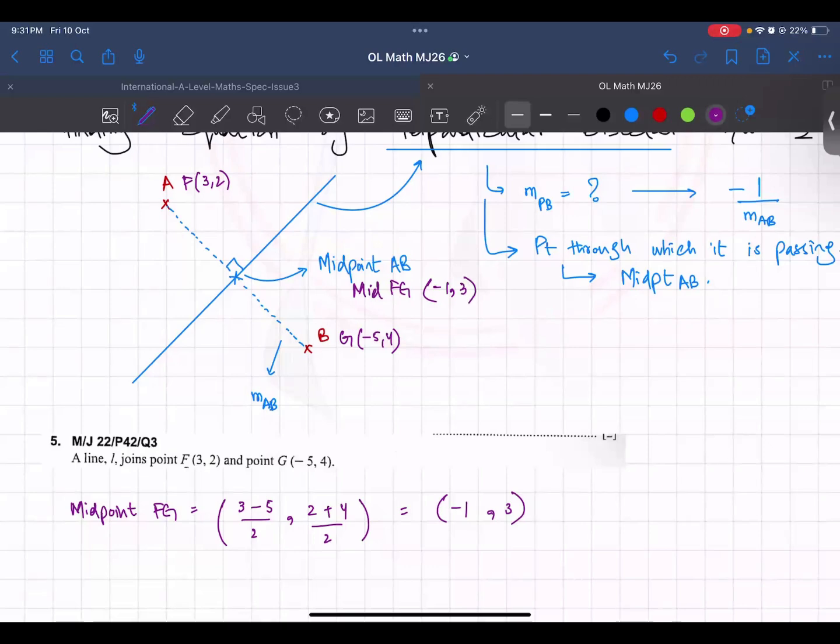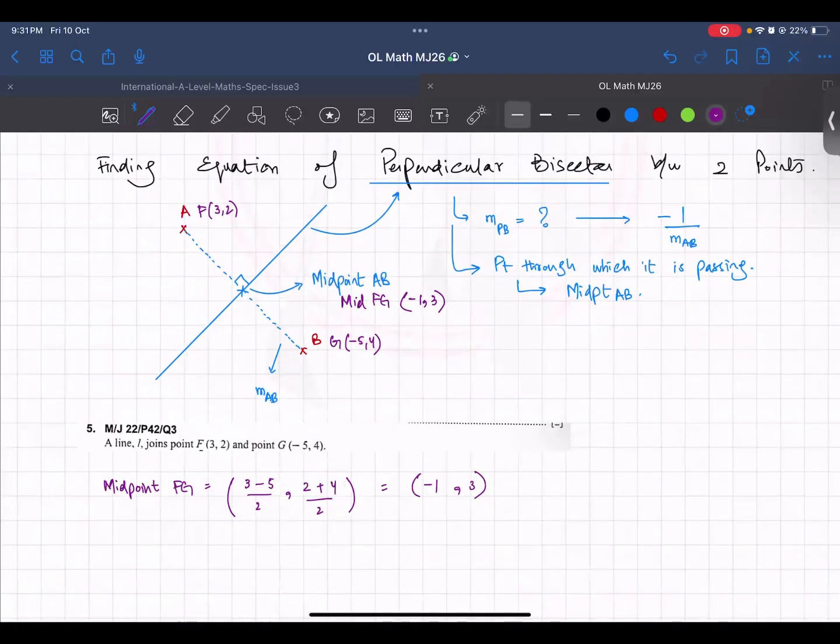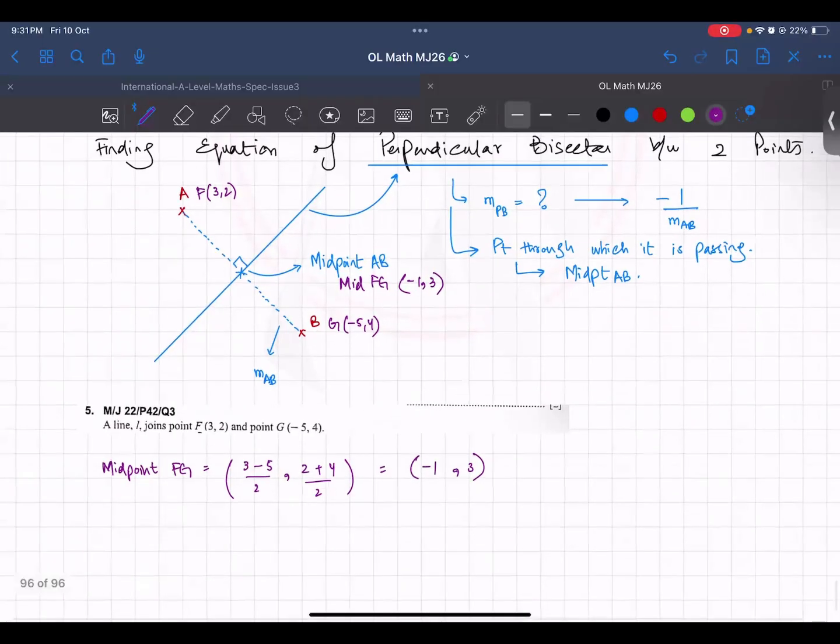Visualize it. Whatever information they have given you, and the things that you find out, visualize it. Have the diagram in your mind, what is actually happening. And then you would need the gradient. And for the gradient of the perpendicular bisector, first I will find the gradient of FG, which will be y2 minus y1 upon x2 minus x1.